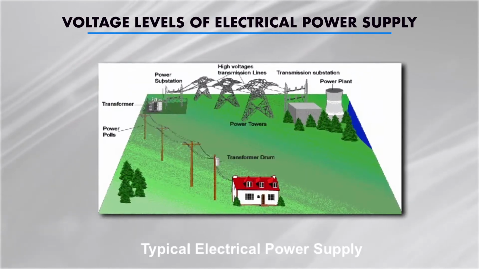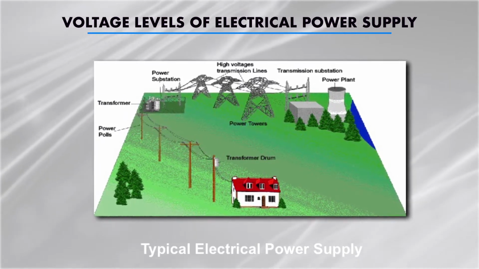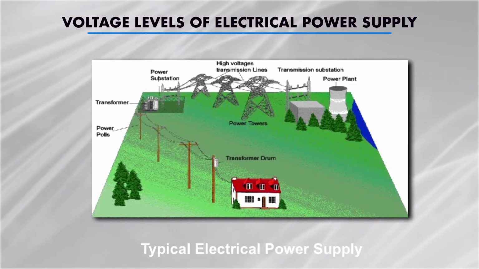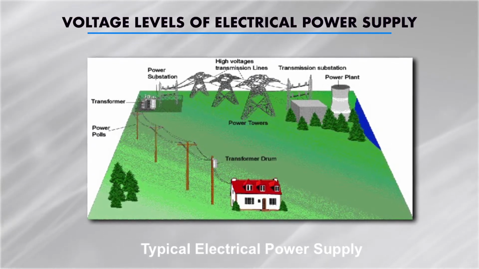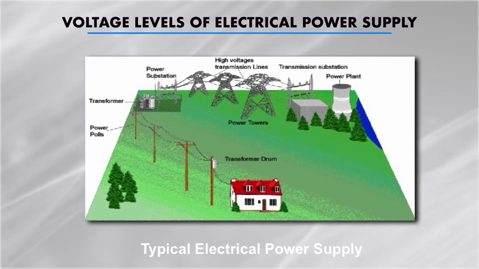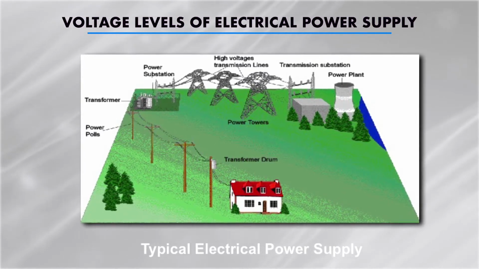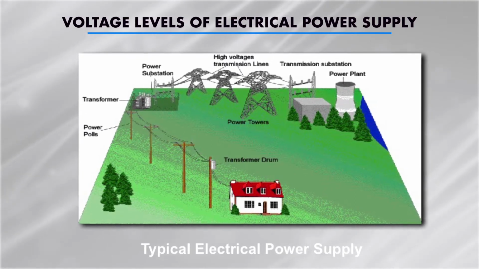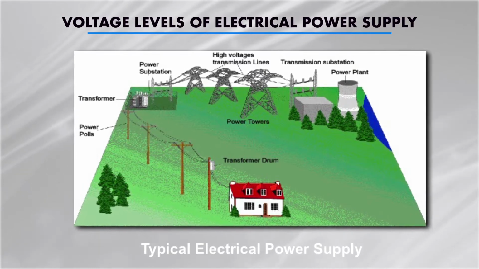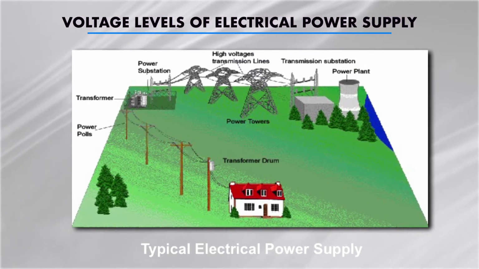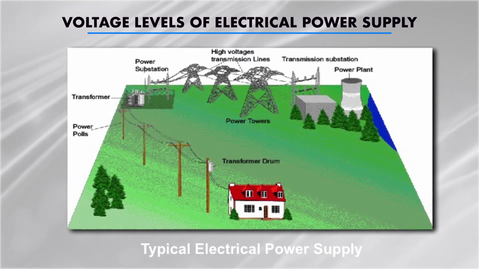Here I am showing you the typical electrical power supply system, where you can see how the power is generated at the plant and then transmitted up to the consumer end, through various stages. The electrical power supply comprises the generating units that produce the electricity, then high voltage transmission lines that transport the electricity over long distances, then low voltage distribution lines that deliver the electricity to the consumers.